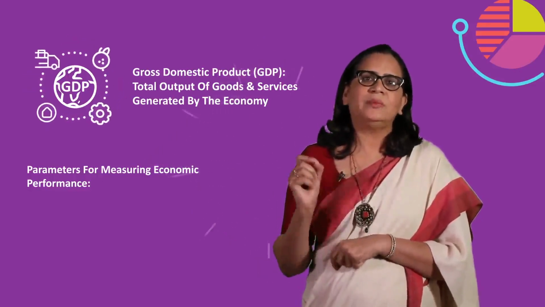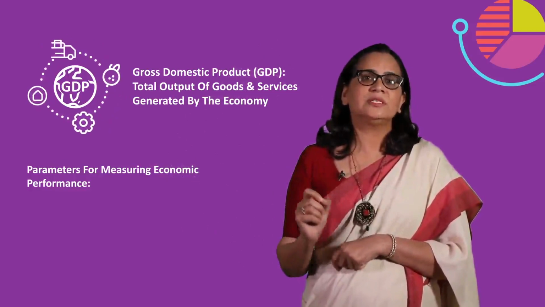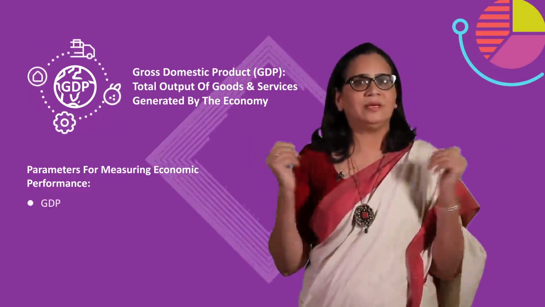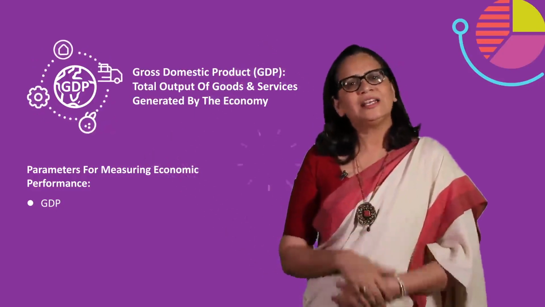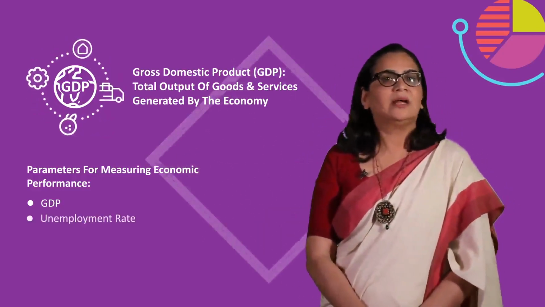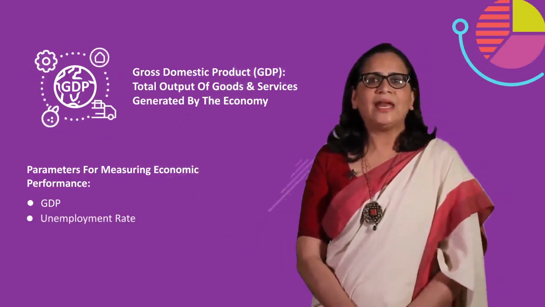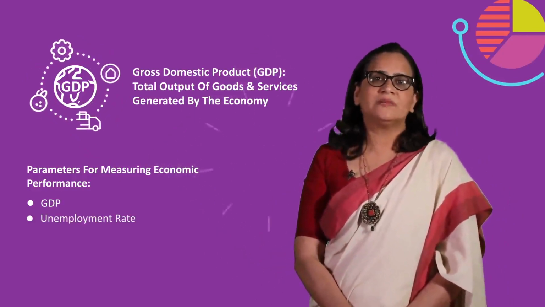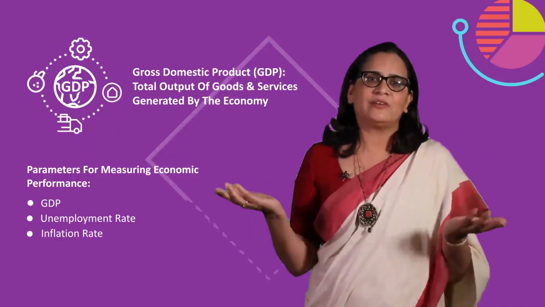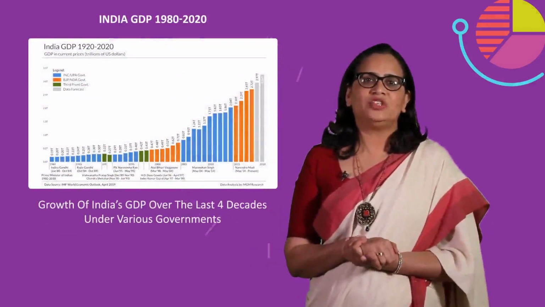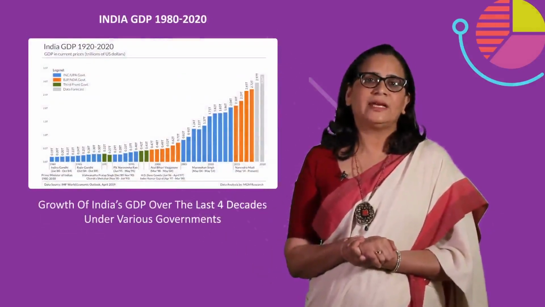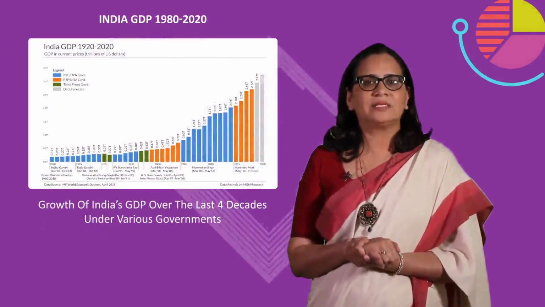How much is the economy producing in terms of goods and services, GDP? How many people have contributed to this production? Us pessimistic economists call it the unemployment rate. And at what prices are these goods and services being sold? The inflation rate.